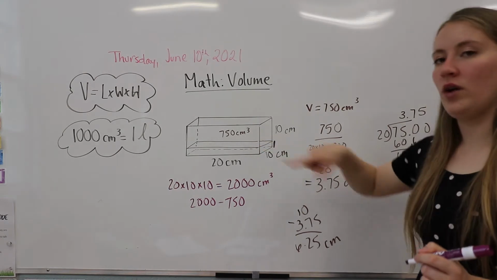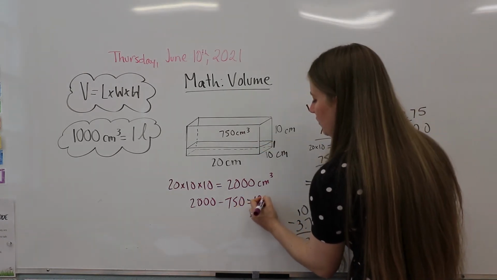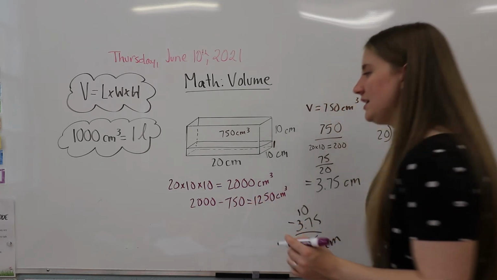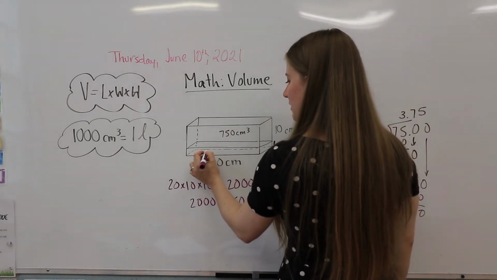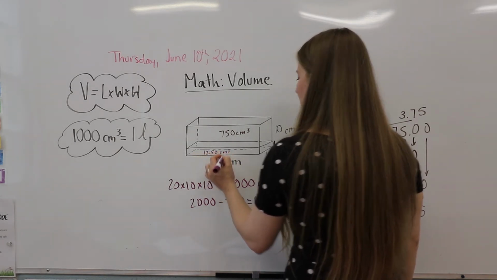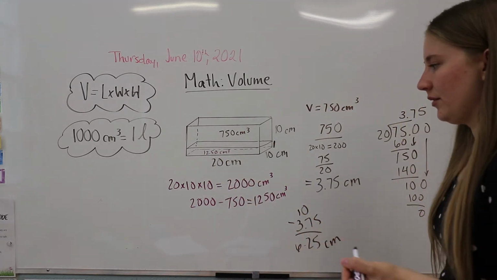And this is the water that was taken out, right? Which is going to give us 1,250 centimeters cubed. So that tells us this volume here. So the volume of water remaining is the 1,250 centimeters cubed.